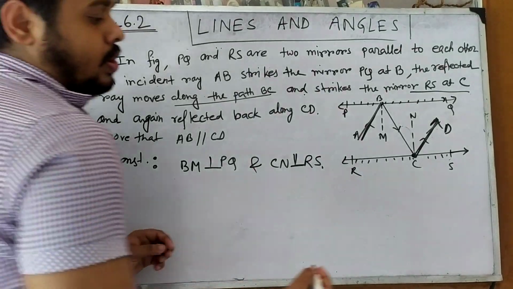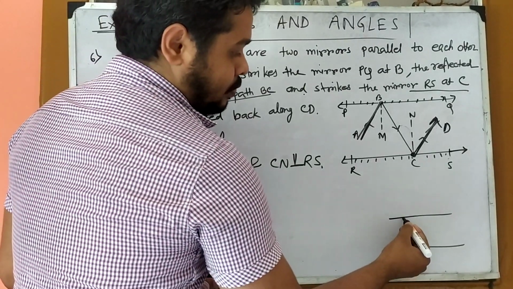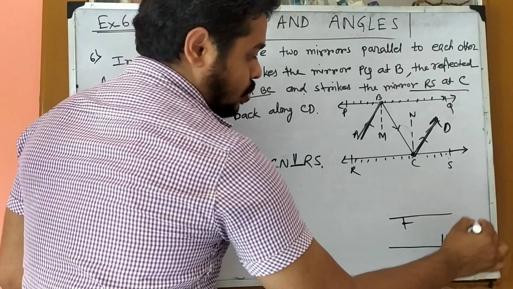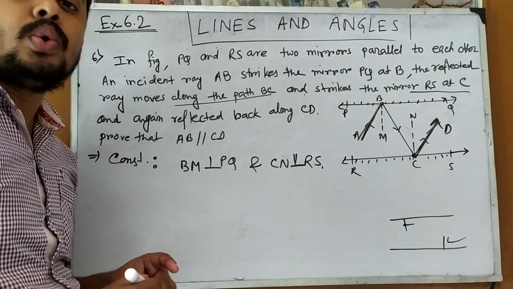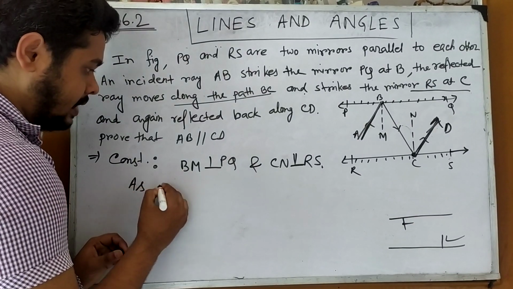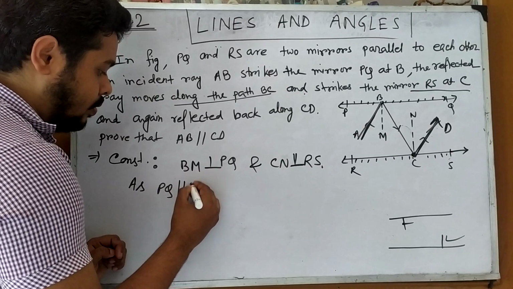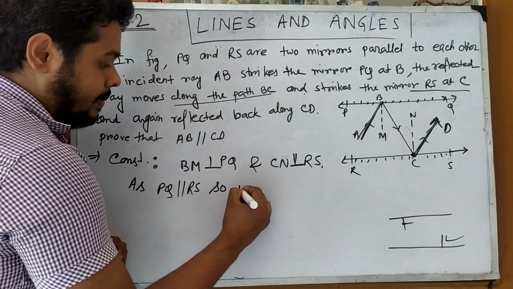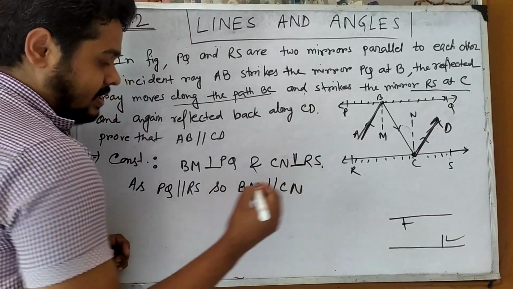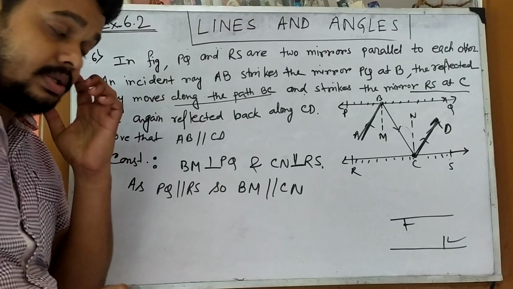And we know that if two parallel lines are there and if two perpendiculars are there, then these two are also parallel to each other. So as PQ is parallel to RS, BM is also parallel to CN. So this ray and this ray are also parallel to each other.